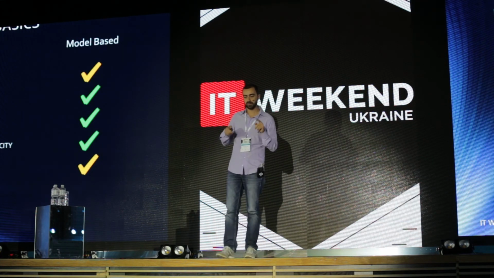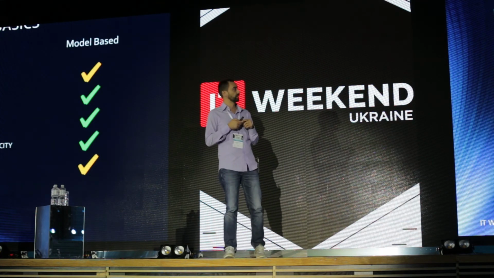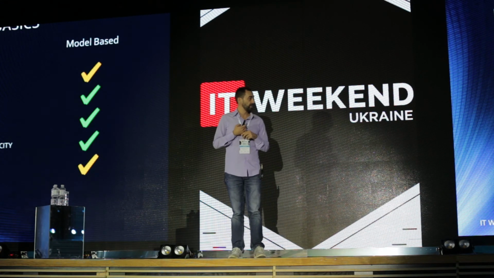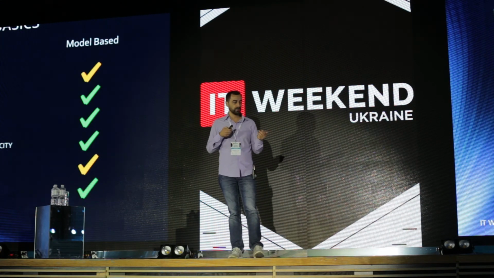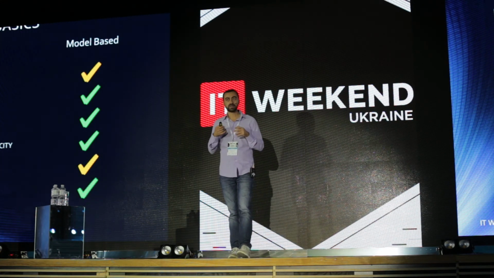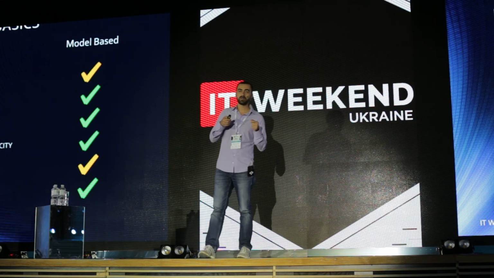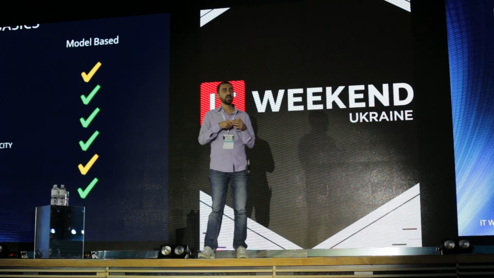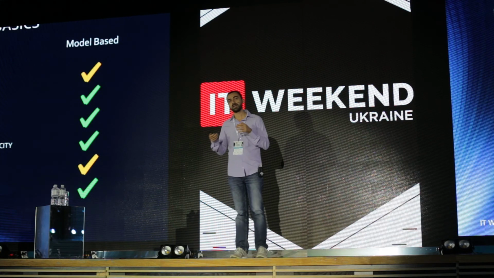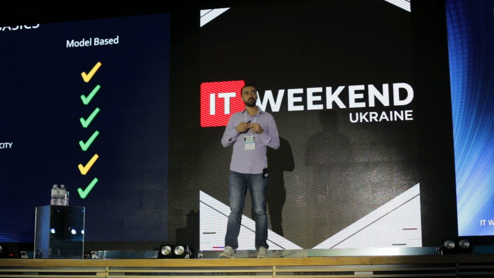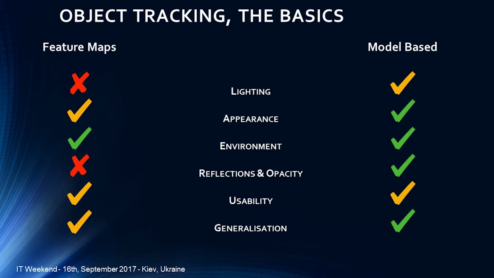This is the reason for these colors and the signs. And finally, the generalization parameter is related to the fact that you can recognize not only one specific object, but many objects that are identical to that one. For instance, you can think about a component or machinery and so on.